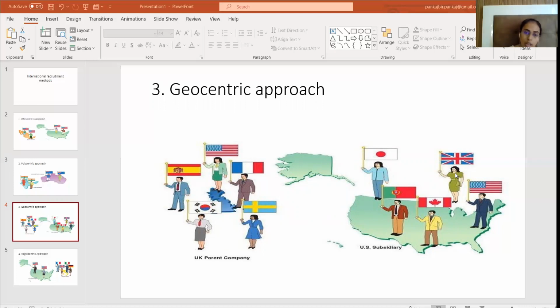That means the company can fill the position irrespective of the parent company or the host company. The company's main focus for such recruitment is to hire the most suitable person. Since HR operations are constrained by several factors like political, ethical, and government laws, it is difficult to adopt this approach overall.